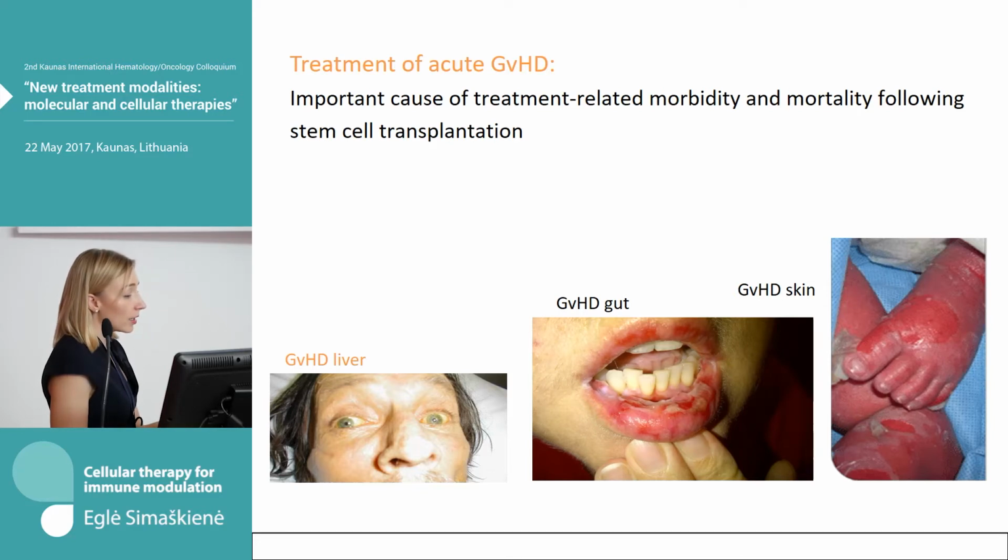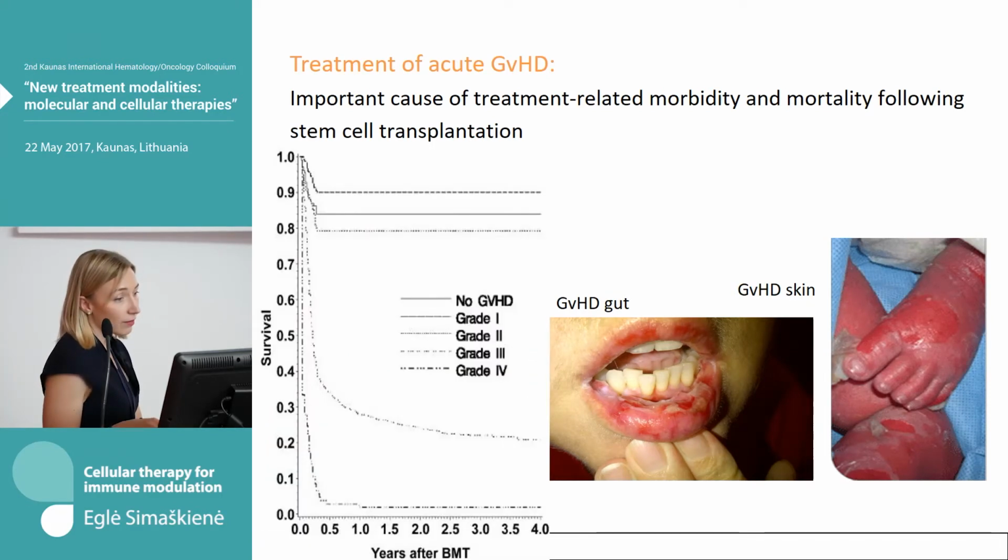And as you can see, we could have really bad cases of GVHD of liver, gut, and skin, and we have really big survival differences in patients with GVHD and without it.